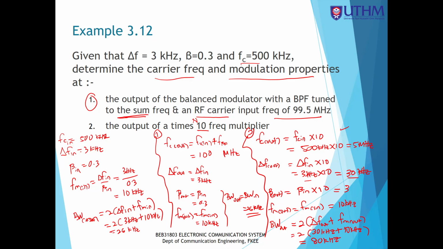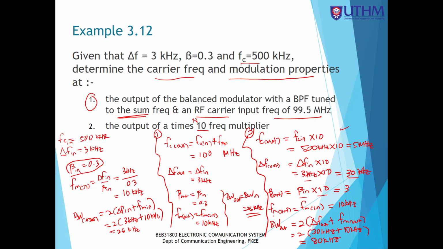Beta out is equal to 10 times beta in, so 0.3 multiplied with 10 is equal to 3.